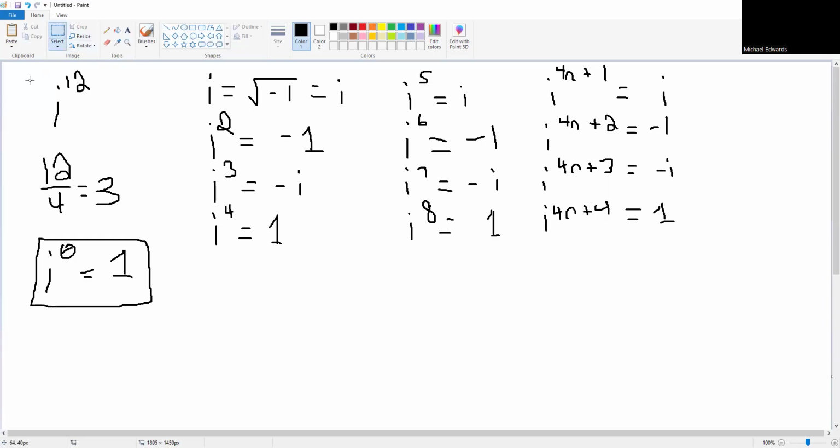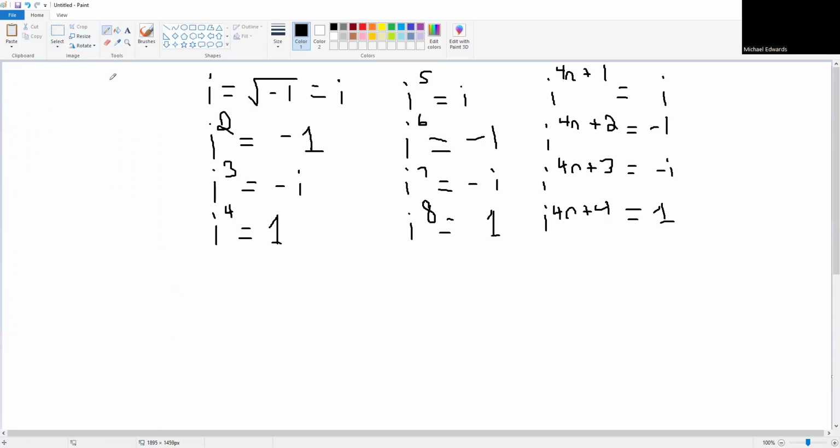All right. Let's try another example. i to the 23rd power. We take it, divide it by 4. Okay, so 4 goes into 23 5 times, with a remainder of 3.